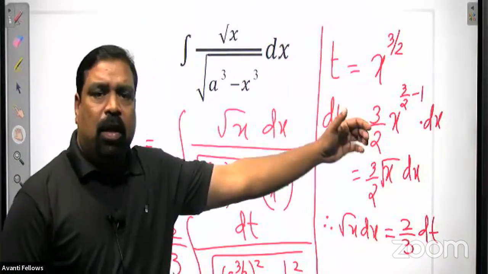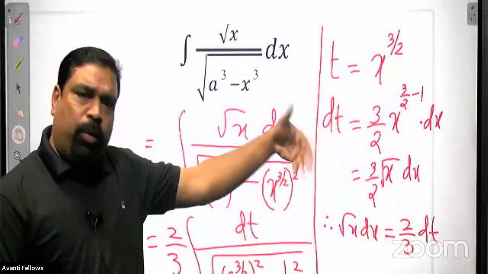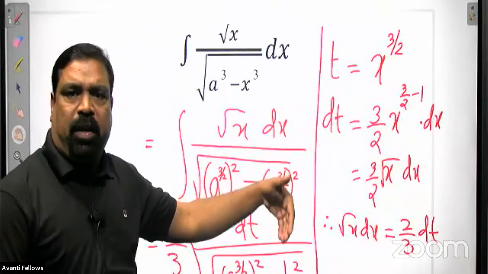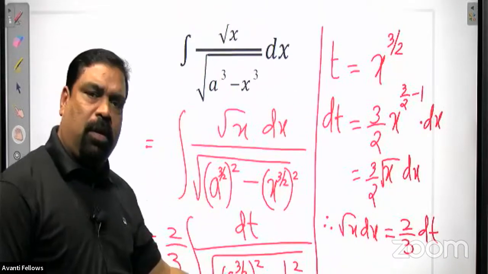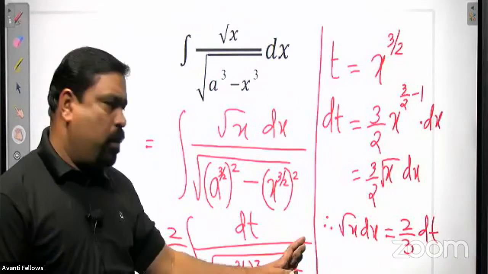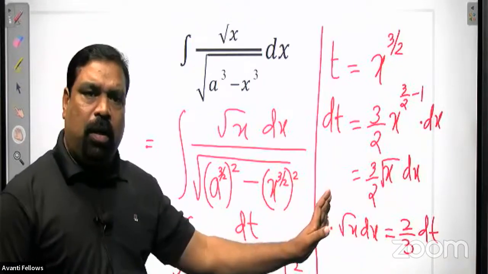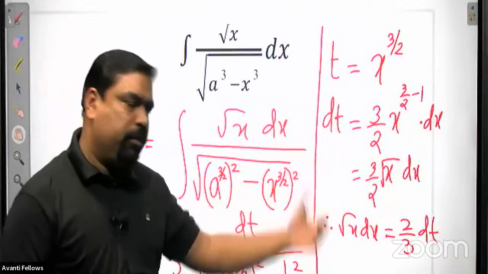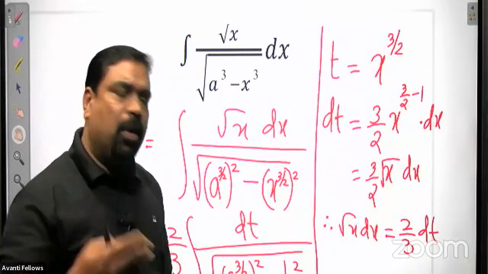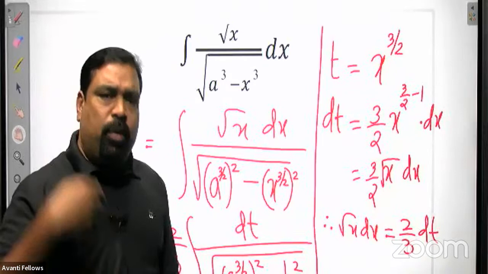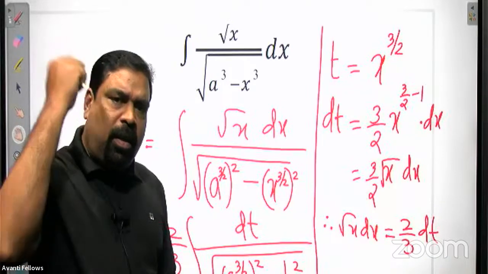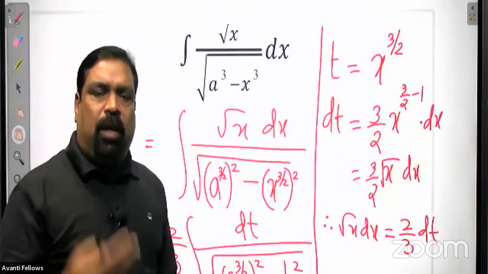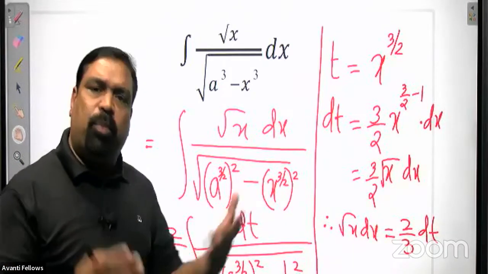For that, I already told you, recall again and again. Write the solution in a notebook, neat and clean, and keep on revising. It will automatically be stored in your memory. That's the only way to study mathematics, especially this kind of problems.